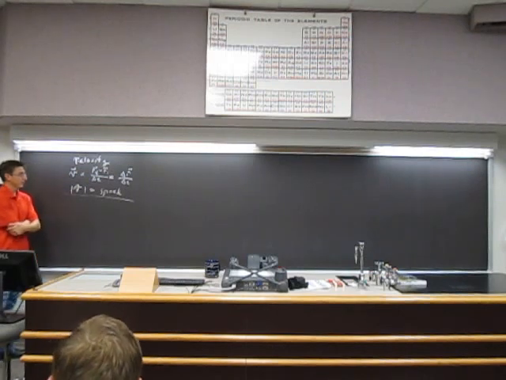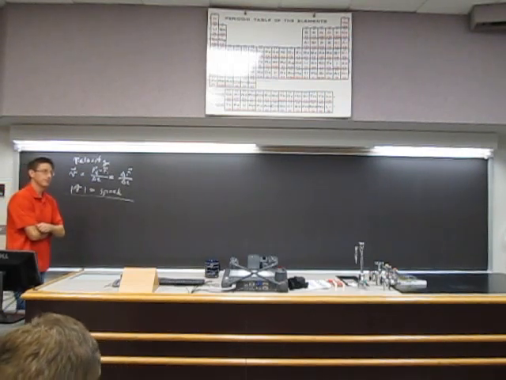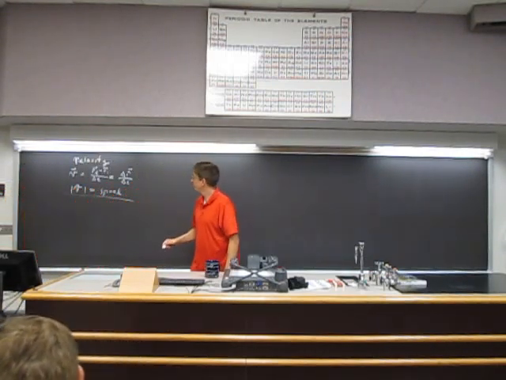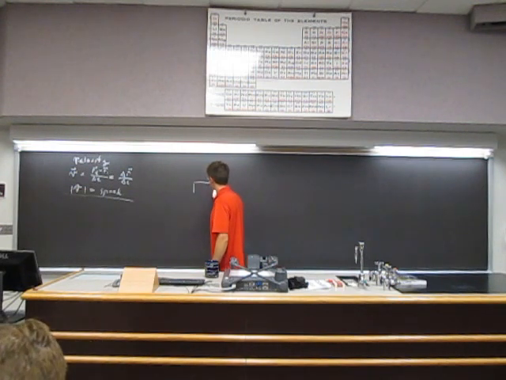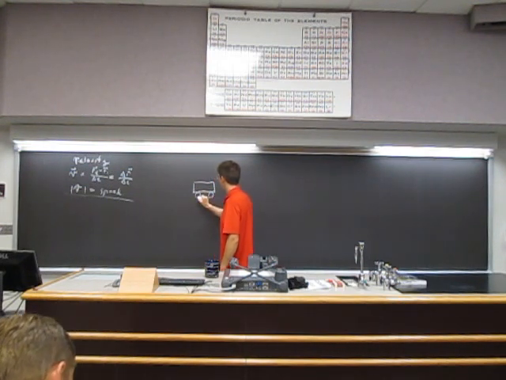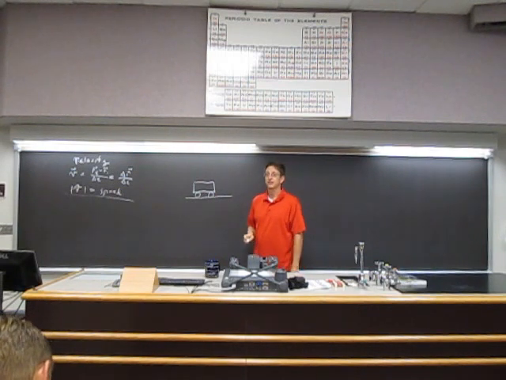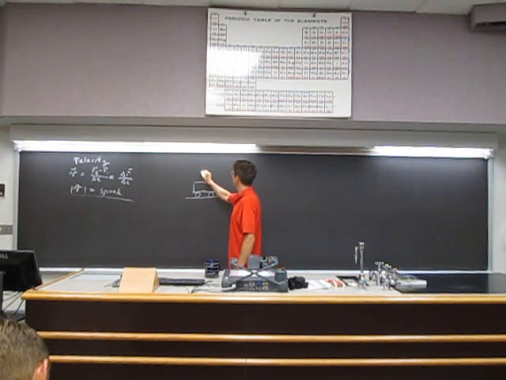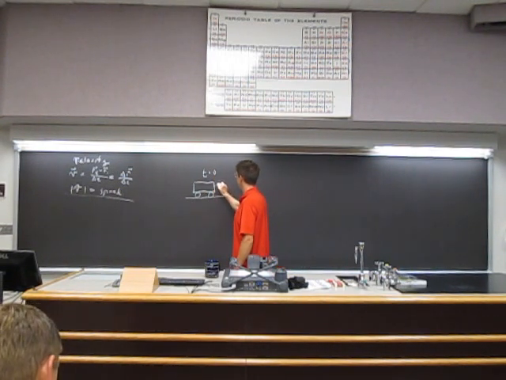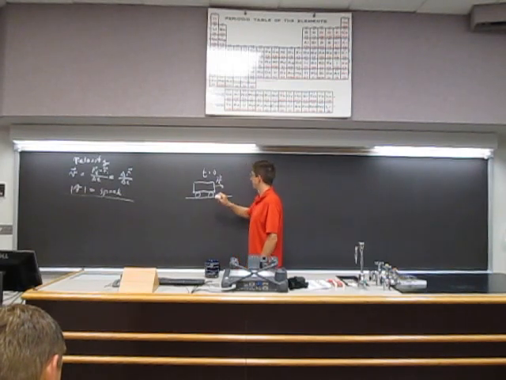Well, velocity vectors themselves can change. So for instance, say I have a car drawn as a box, and say that at time t equals 0, the velocity vector is small.